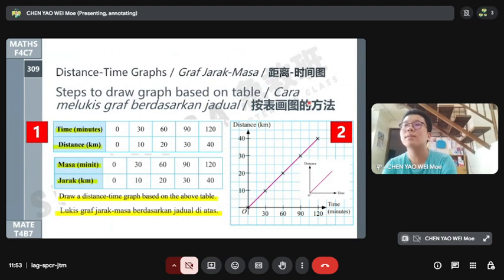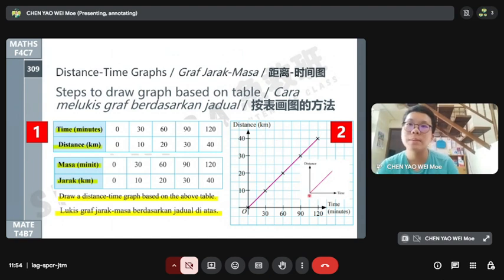Okay, kita tengok soalan ini. We see here we have 5 data. We got two types of data, time and distance, and the units are already given. Remember when you want to plot the graph, remember to put the units. Okay, so for distance time graph, you will go like this.